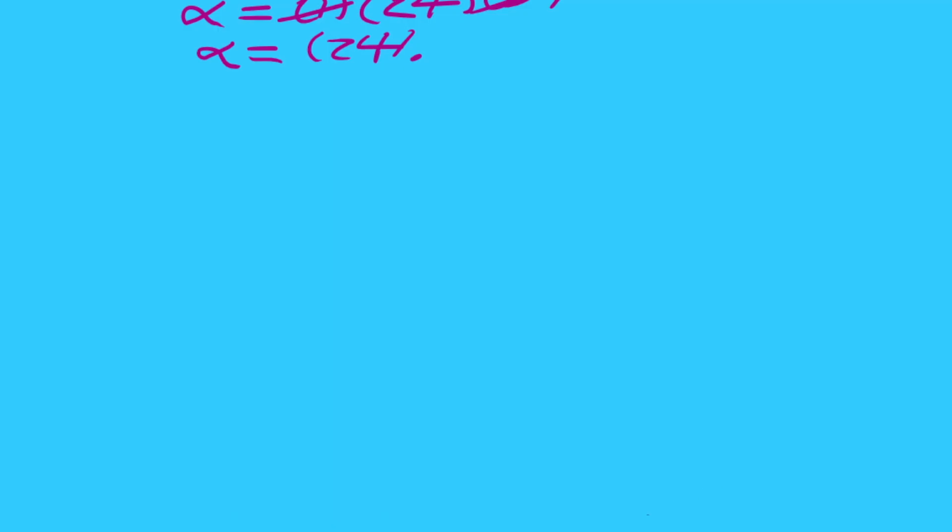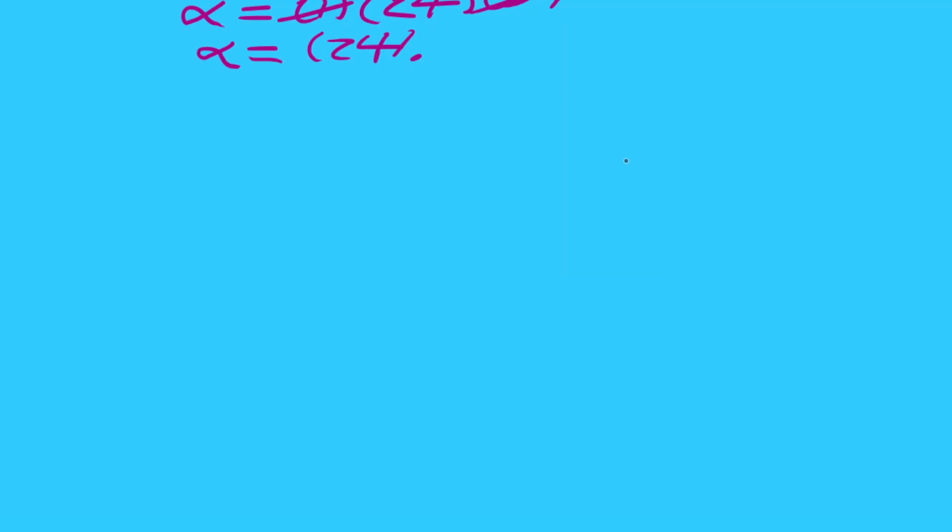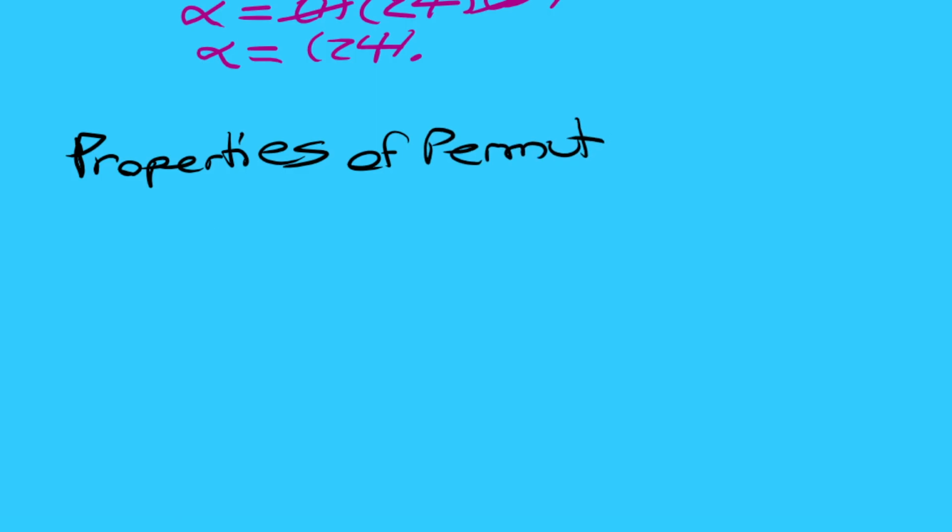Okay, so let's look at the last topic that we'll look at for part 1 of section 4. So, and let's change, we've already changed the pen color, so that topic is going to be properties of permutations.